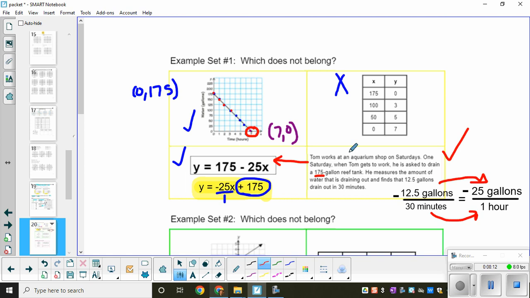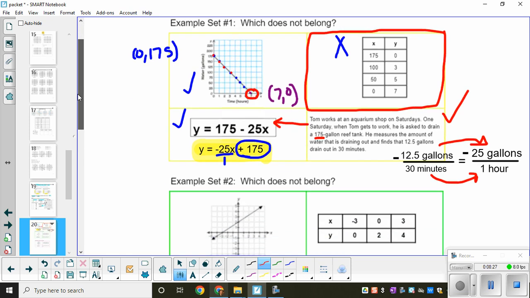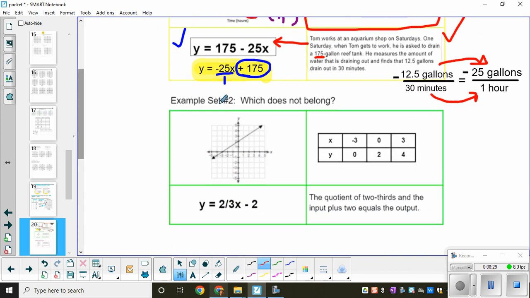And what that means now is we can conclude that this right here, this table of values, is the one that does not belong with the other three. So we just made a connection between this scenario, this equation, and this graph, and we are done now with sample set 1.